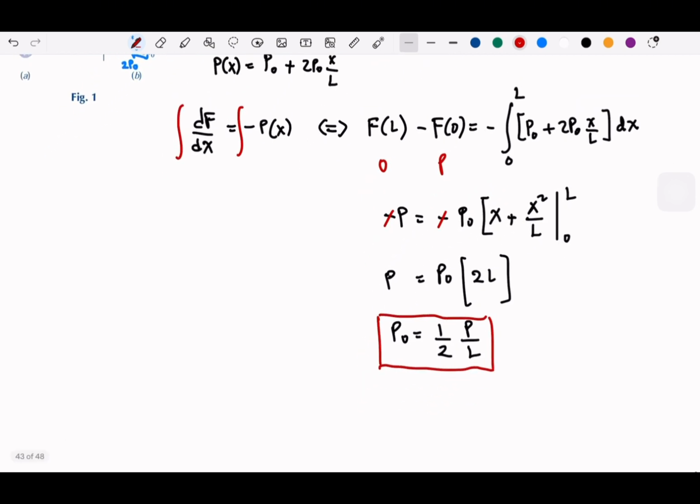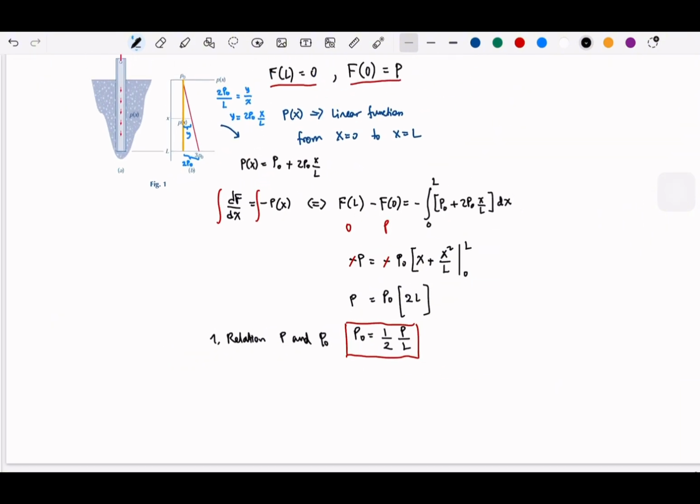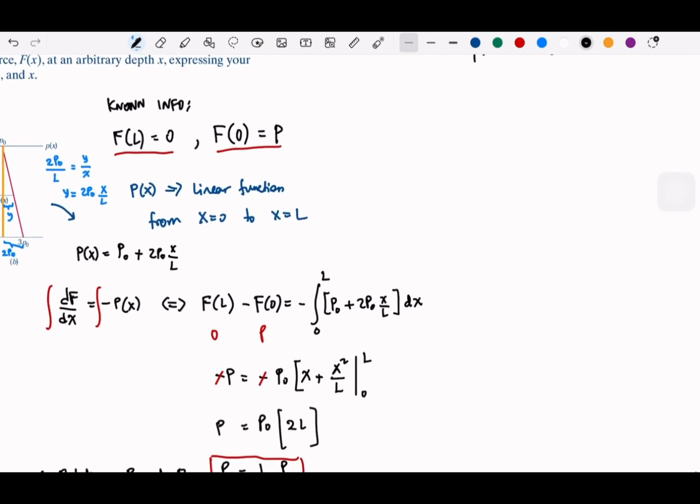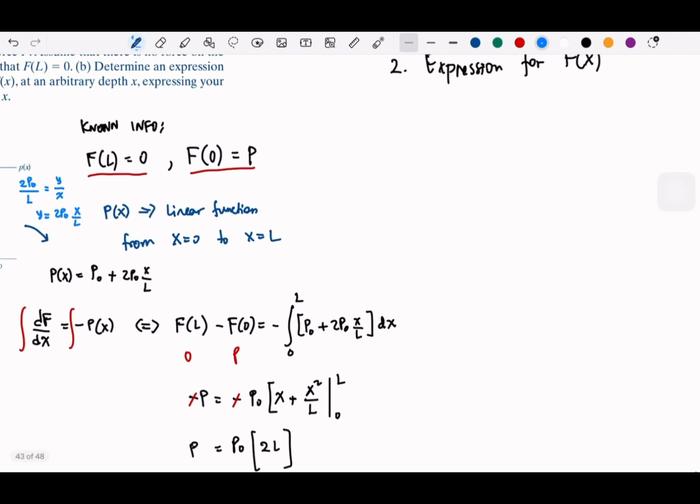So this is the first expression, the relation between P and p0. Okay. Now the second expression that we need is the expression for f. Now apply another variable, let's say the variable t, or psi, or let me just write t, easier to follow.